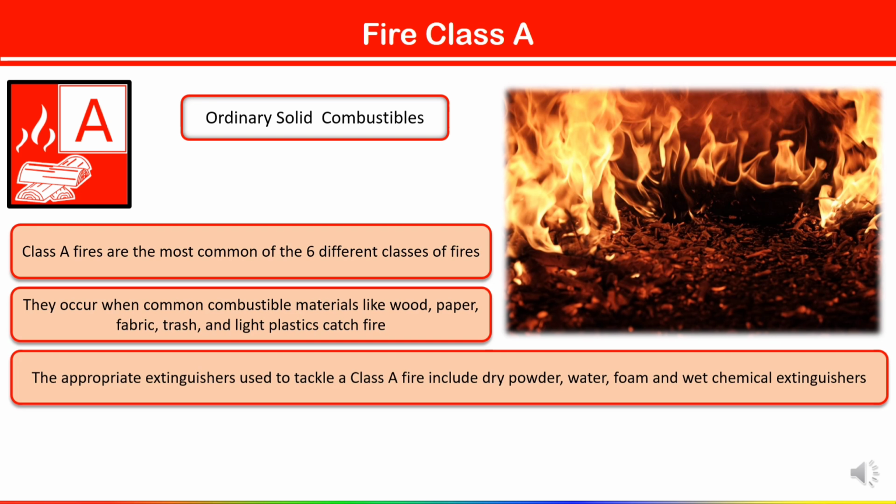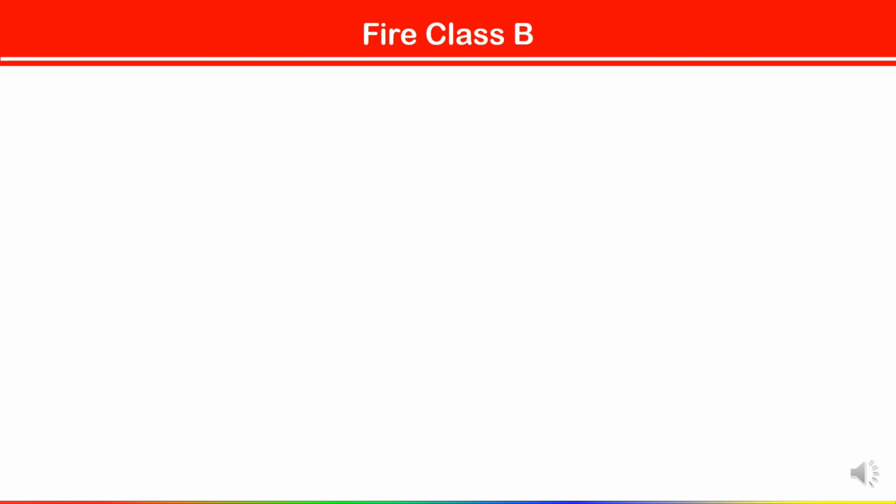So you can also use the water based extinguisher to extinguish class A fire, because all of you know these are the most common and effective means, as water cools the fuel below its ignition temperature. So water is the best extinguishing agent to extinguish class A fire. Even you can go for foam extinguisher. This can also be used because we know that foam creates a barrier between the fuel and oxygen.